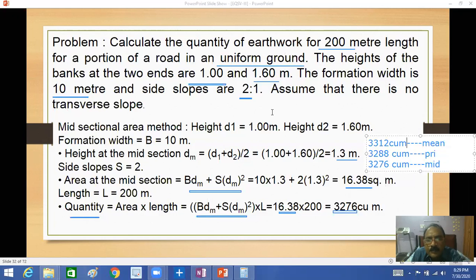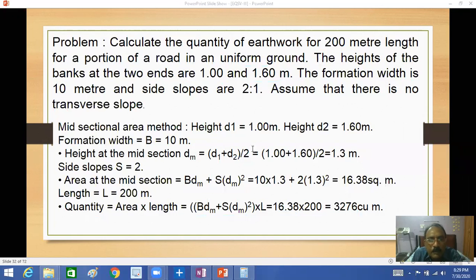You can be asked to solve by the mean section, mid section, and prismoidal section. First remember, mid section means you take the average depth of the first section and last section, and mean sectional area means the average of the first sectional area and last sectional area.